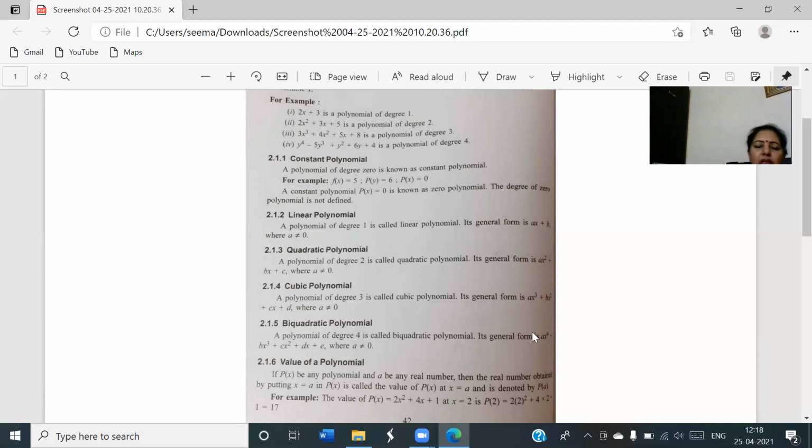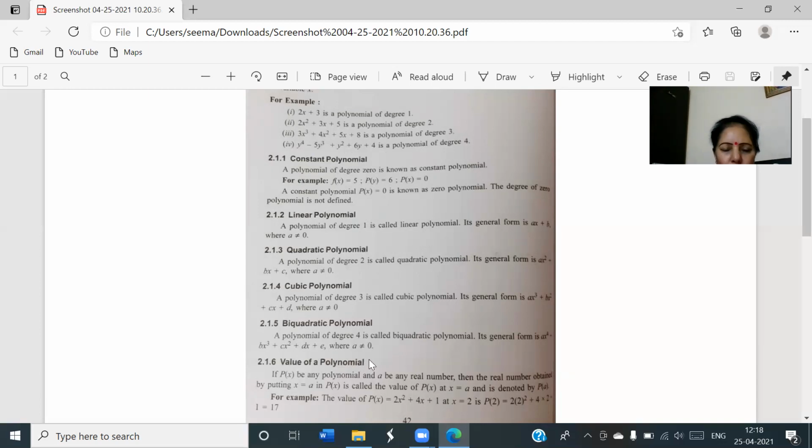The general form is ax power 4 plus bx cube plus cx square plus dx plus e, where a is non-zero. And again we have seen an example here. These are a few types of polynomials. If a polynomial has degree more than 4, that is 5, 6 and so on, it is called simply a polynomial.